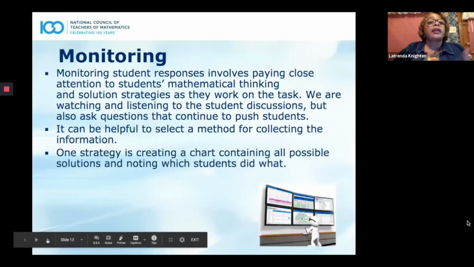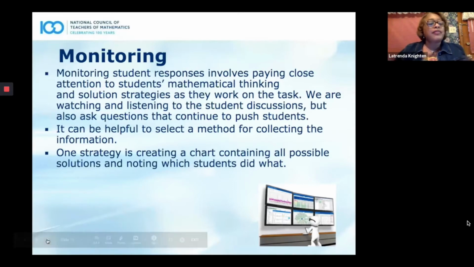Some people like to create a chart. And I've done it a couple of times this way, and I'll show you a sample in a minute, where you create a chart and you list the possible solutions that you've seen students using, but you make note of which students have used that strategy. Now, one of the things I like to do, if I note that maybe 2 people use a base 10 strategy, is make some notes about how Jaleesa used it as opposed to how Marcus used it.